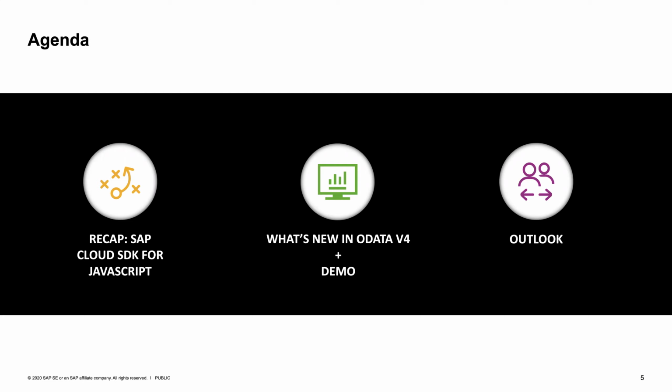Secondly, there will be a small introduction of OData v4, especially of the support for OData v4, of course, and a small demo. And last but not least, we'll have a look at the outlook and the next development steps. With that, now I think I can hand over to Marika.